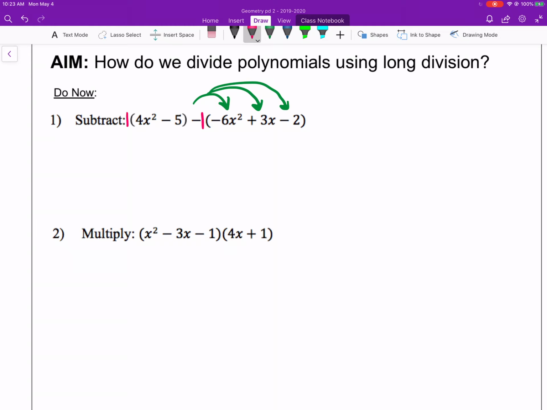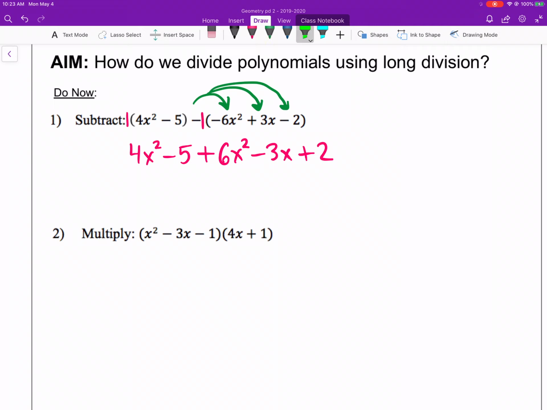Technically, there's a +1 in front of the first set, so you would copy that exactly as is. It would be like multiplying it by +1. It doesn't change anything. However, in the next set of parentheses, -6x squared becomes +6x squared. Positive 3x becomes -3x. And -2 becomes +2.